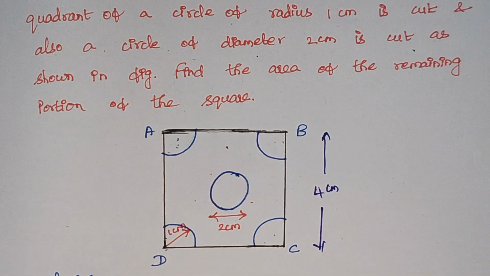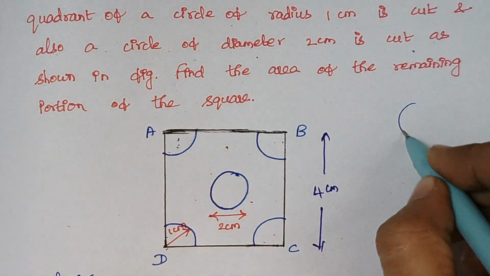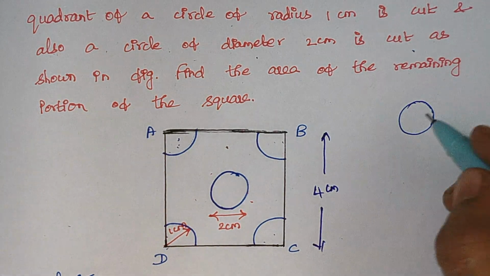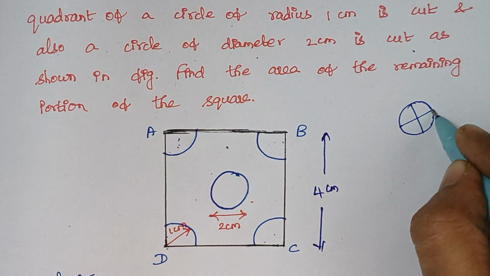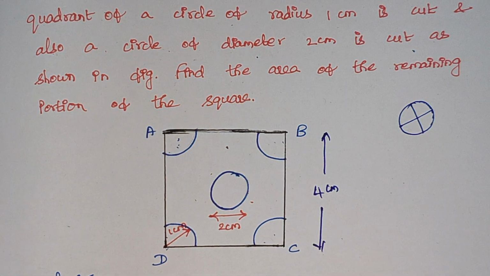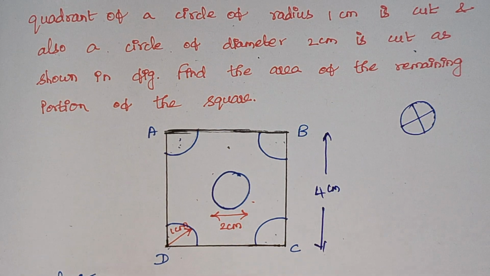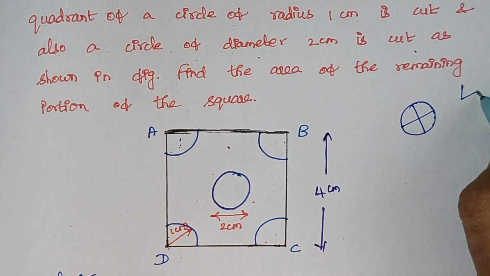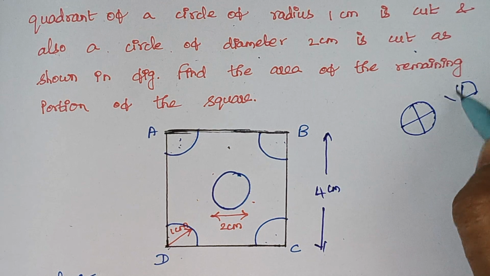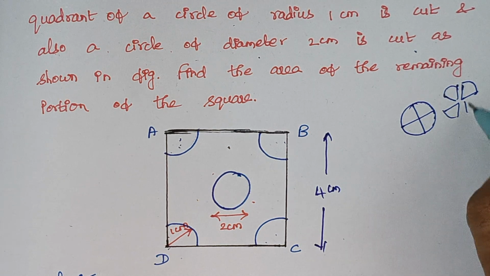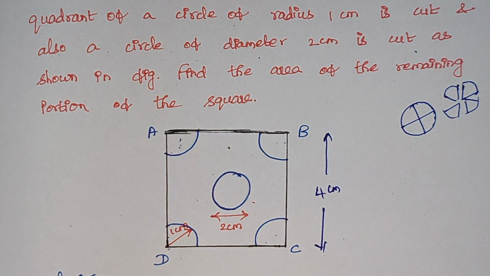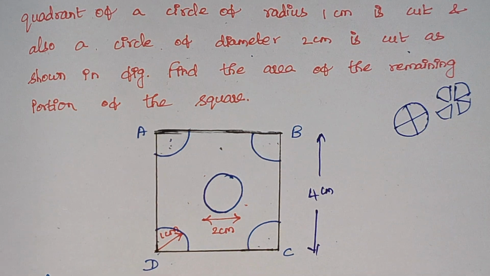You see, a circle has how many quadrants? Obviously a circle has 4 quadrants. Right. Now we are having 4 quadrants here. Here is 1 quadrant, here is 1 quadrant, here is 1 and here is 1. Right. Now we are going to take this in reverse.